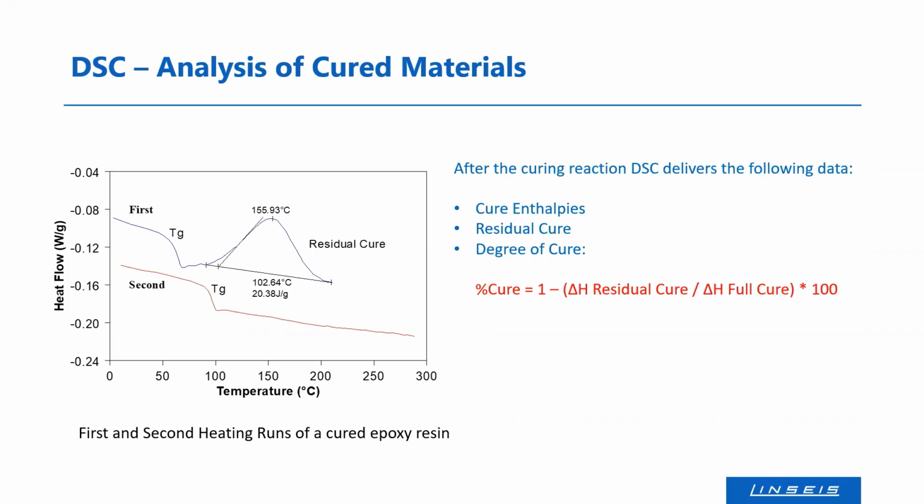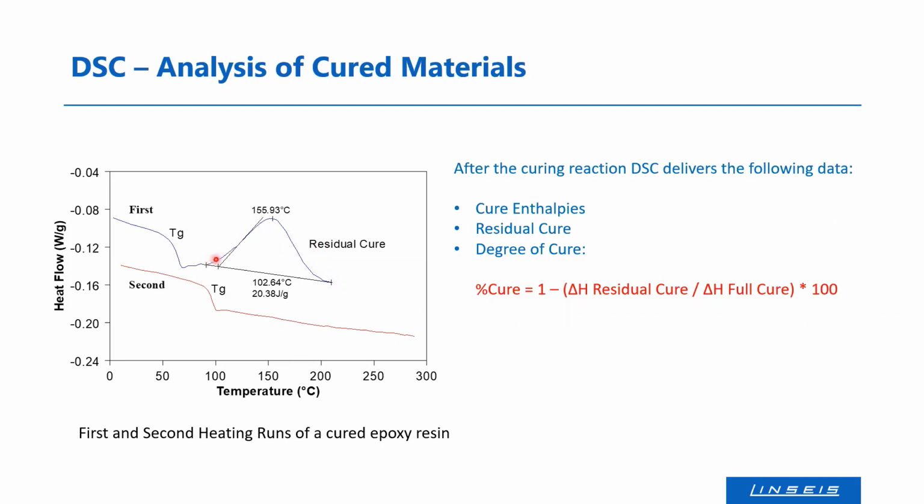And the DSC is, as I mentioned already, usually used to investigate or to measure cured materials after the curing process. And with the DSC measurements, you can calculate from the post-curing peak here the degree of cure of your cured material. And it's quite easy to calculate.